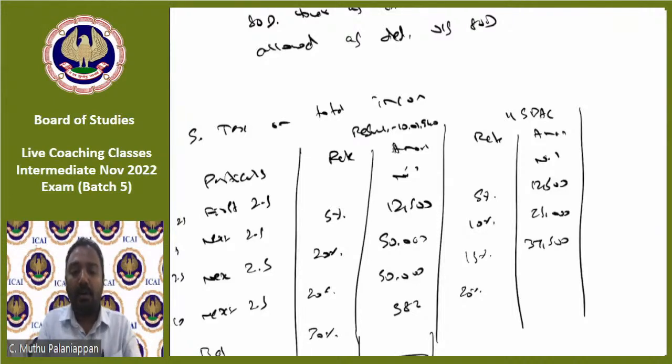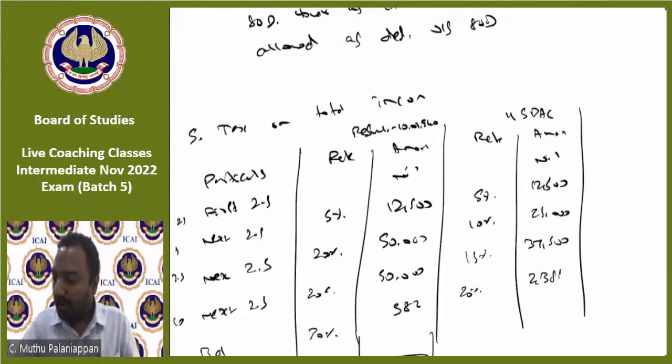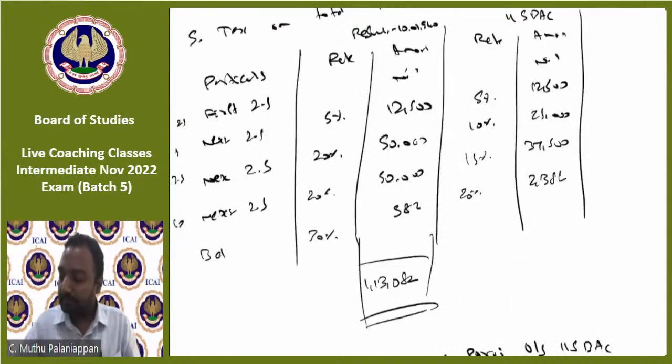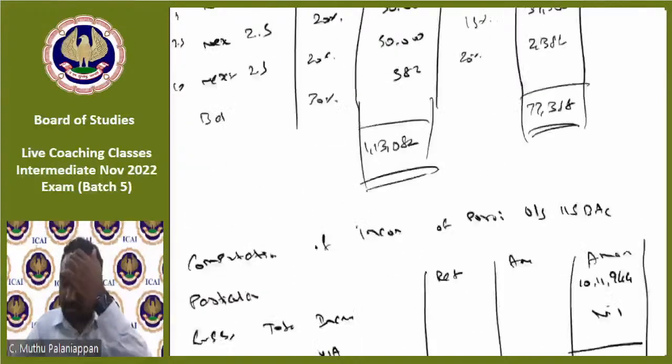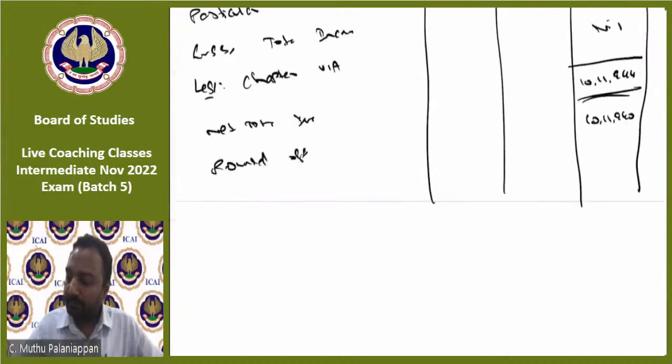For the balance, whatever is left, that is 11,940, the rate is 20%. So it is 2,388. So it is 75,000 plus 2,388, that is 77,388.